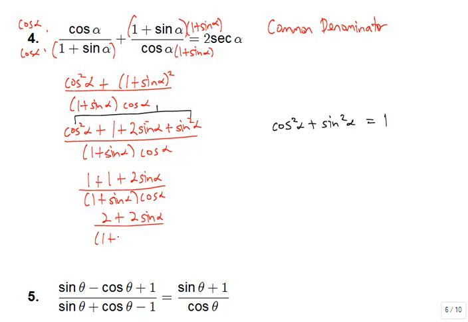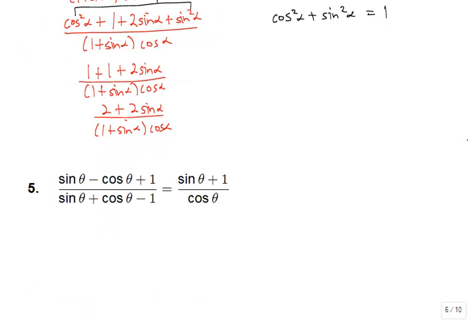And factoring is a very common thing to do in these trig identities. Look at that numerator. You can factor out a 2. And that's good news for us because that factor on top in parentheses is exactly the factor that we have on the bottom.